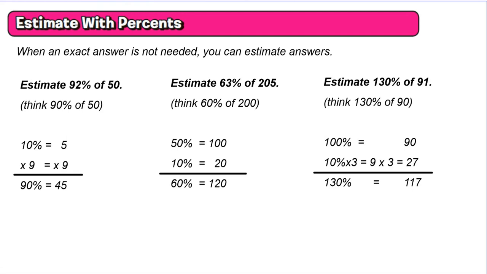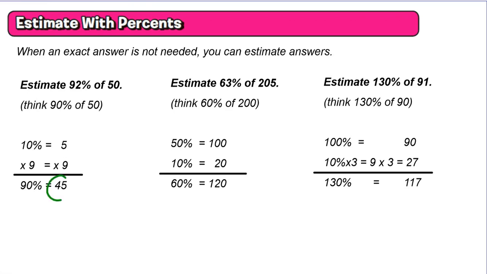And then sometimes we don't need an exact answer, and when an exact answer is not needed, we can just simply estimate. We can estimate by rounding to the nearest easiest percentages to find. So again, I stuck with the benchmark percents strategy. That's one of my favorite ways to do it, but by all means, you could use the fraction equivalents as well. So estimate 92% of 50. Well, I'm going to think 90% of 50, so I'm just going to estimate to get close, and I use the 10% benchmark to find that. Well, 10% is 5, and if I just take that times 9, that would give me 90%.